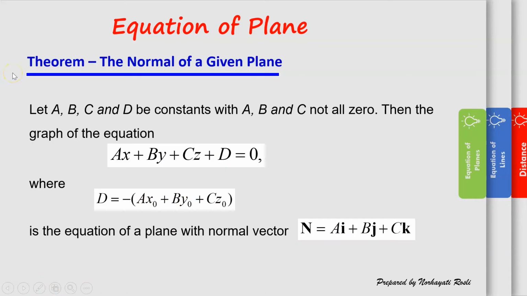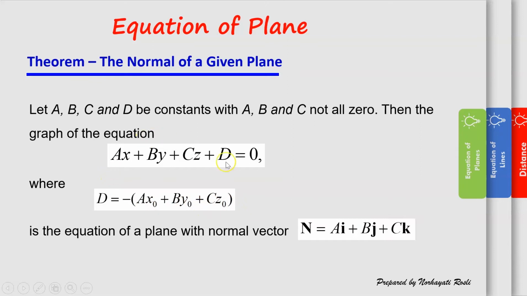Now we go to the second theory, that is the normal vector of a given plane. Previously, we have the equation of plane with coefficients a, b, c and d being constants, with a, b and c not all 0. Then the graph of the equation ax plus by plus cz plus d equal to 0, where d, as mentioned previously, is negative ax0 plus by0 plus cz0.